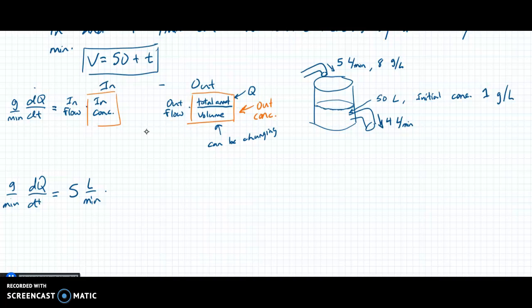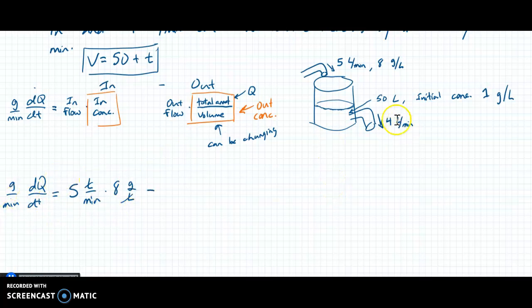That'll also help you if you down the line have to figure out the units. All right, so 8 grams per liter. Now look, liters cancel, gives me grams per minute. Good, that's what I want.